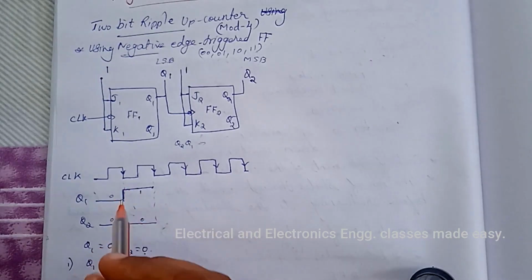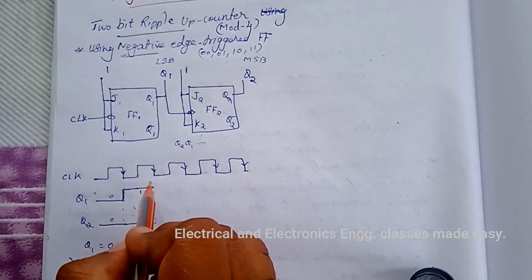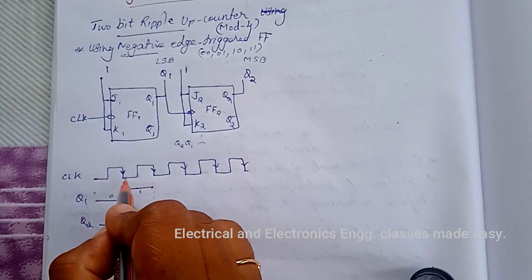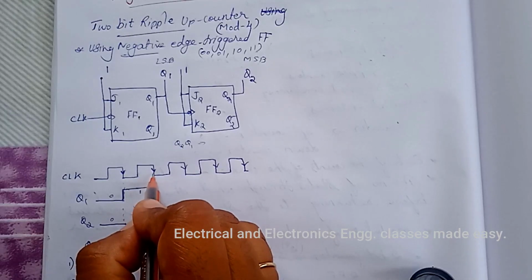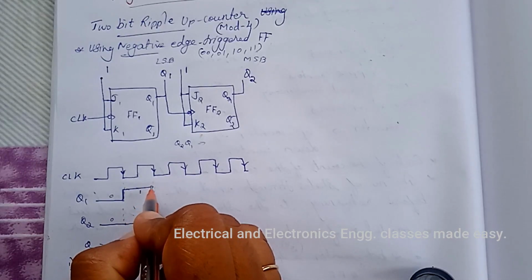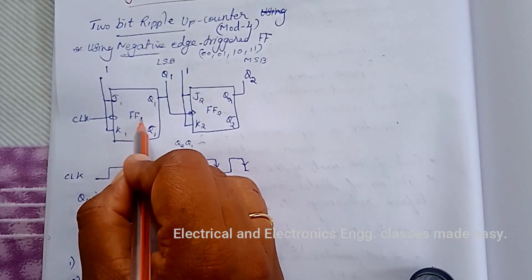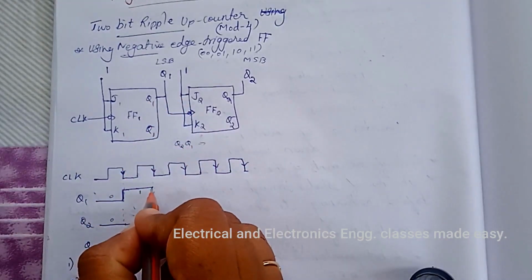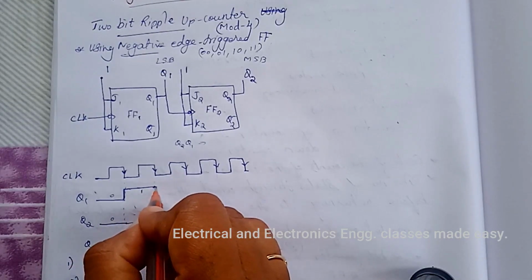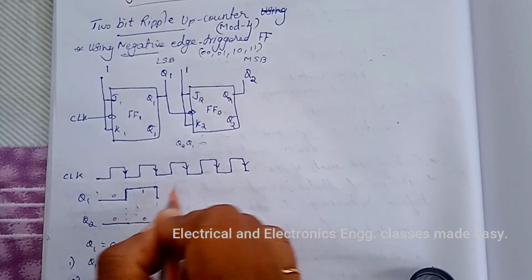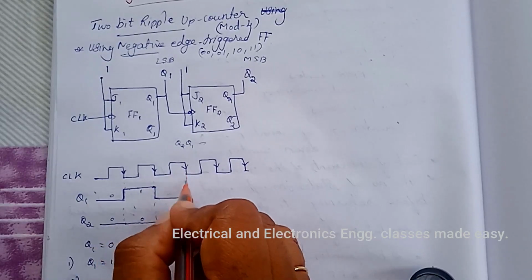Next, when the second clock pulse is applied, at the negative going edge of the second clock pulse, the first flip-flop again toggles. That means this is 1 in the previous case, so it will toggle, 1 changes to 0, and it will continue up to the next negative going edge of the clock pulse.